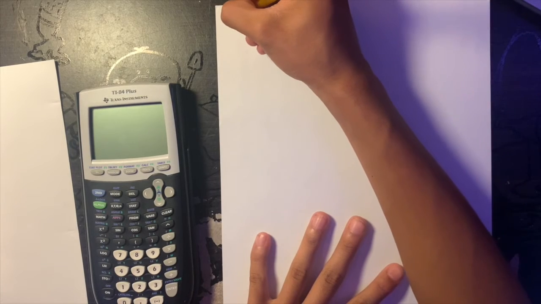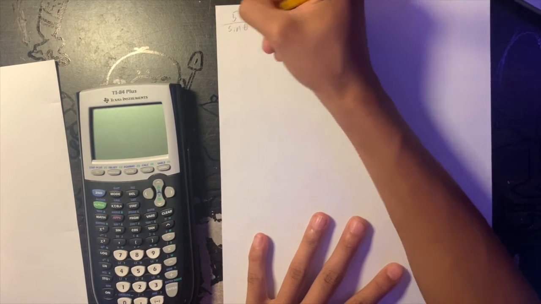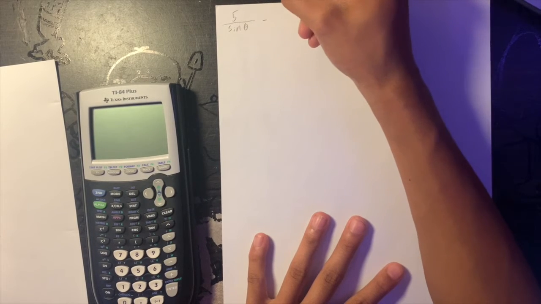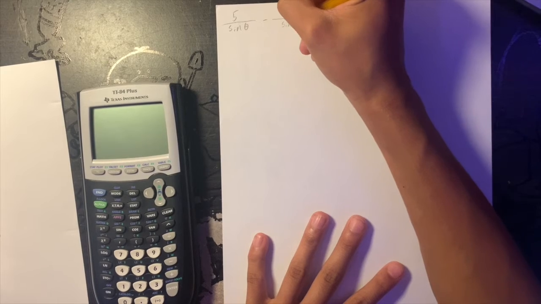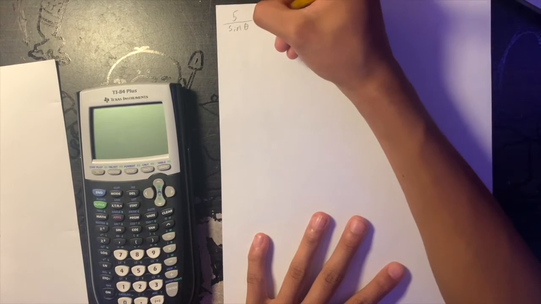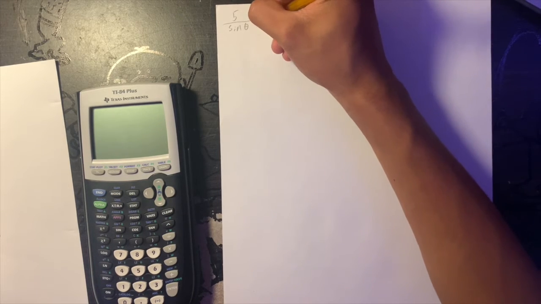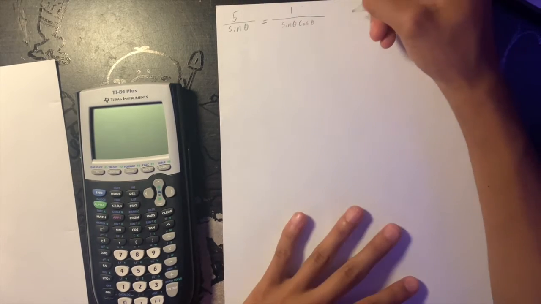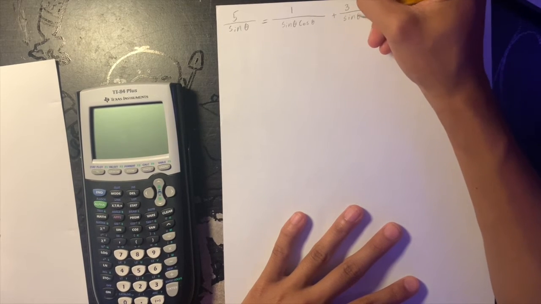First thing we're going to do is transform this into sine and cosine as always. So 5 over sine of theta minus 1 all over sine theta times cosine theta equals plus 3 over sine theta.